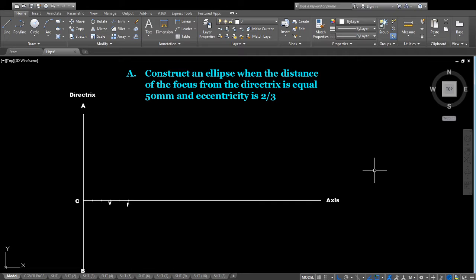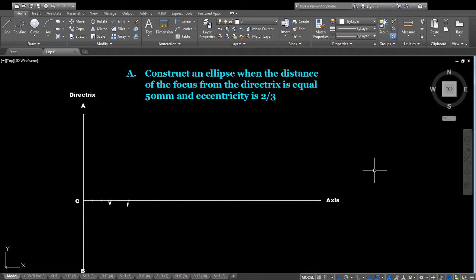Today, hopefully we'll look at the last part of this series in the construction of ellipse. And today we'll be looking at the focal point method of constructing ellipse, which is regarded as the general method of constructing any given ellipse, whereby you have the distance of the focus from the directrix and the ratio of the eccentricity.